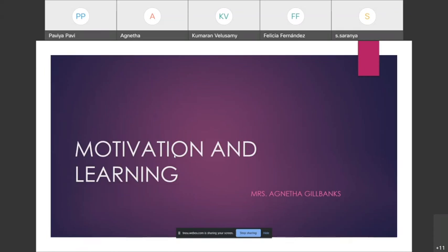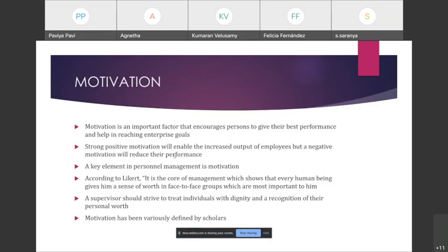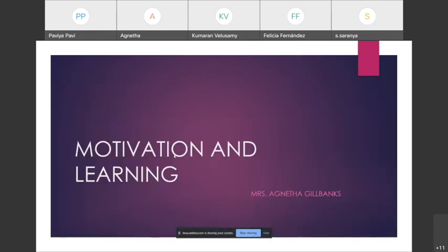So, in today's class, we are going to be looking at motivation and learning. We're going to be looking at what is motivation and learning and how it plays a role in the behavior of a person, as well as how it influences or guides us towards our goals. There are a few theories which we'll be focusing on as well.